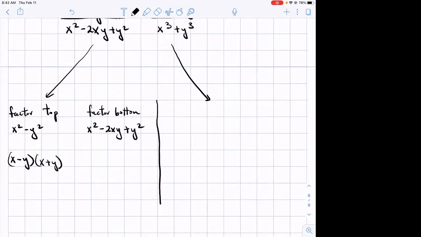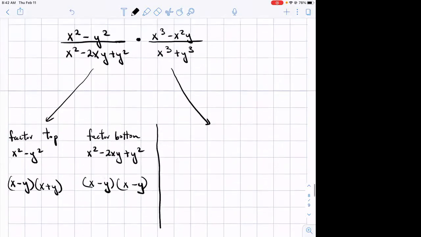That's factoring of the top. Now, what does factoring of the bottom give us? If we factor this bottom here, which is a quadratic form, we have x minus y and x minus y, because a minus y and a minus y give us positive y squared. So that's my left side.